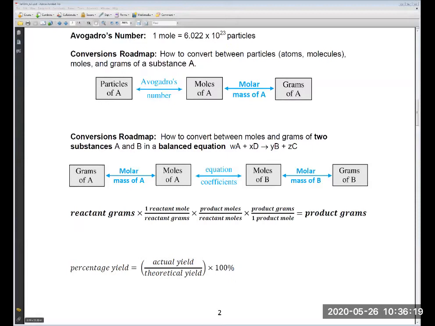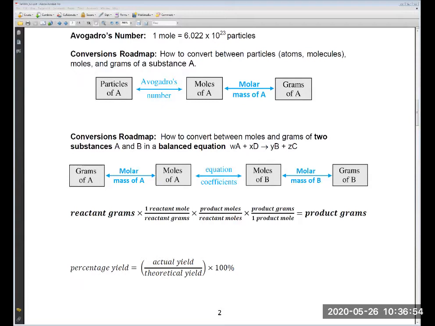Another thing in chapter 5 is calculating the percentage yield that is produced. And for this, you would need to be given the actual yield of a product made over the theoretical yield. The theoretical yield is the one that you obtain by doing the calculation like above here, where you use the molar mass, the proportions given by the equation, and then the molar mass again.